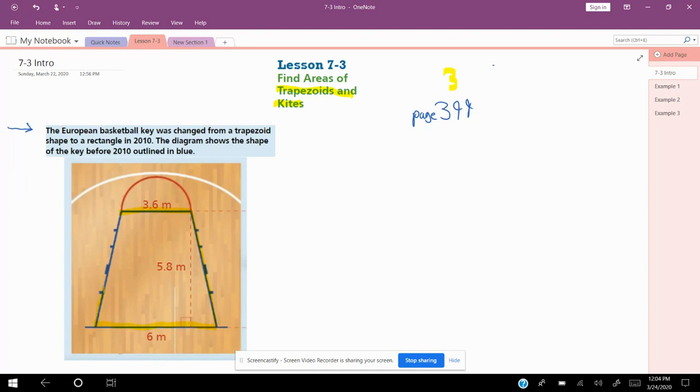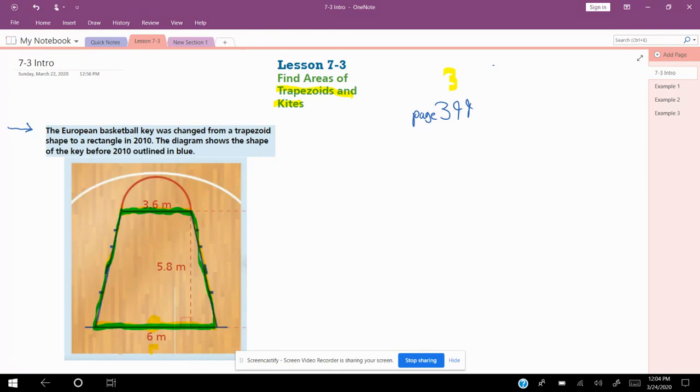They stand around it. There are also other rules for the key, but usually the basket would be down at this area. That green shape is the key. So that's what the European basketball key used to look like.